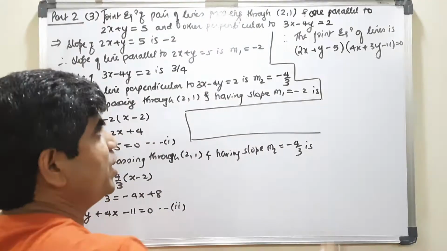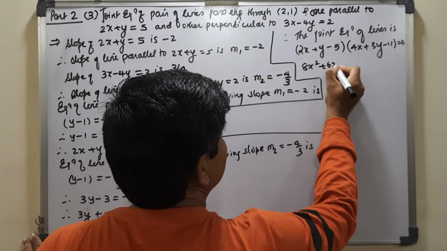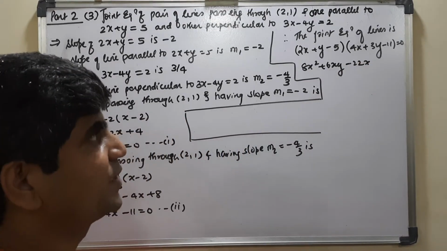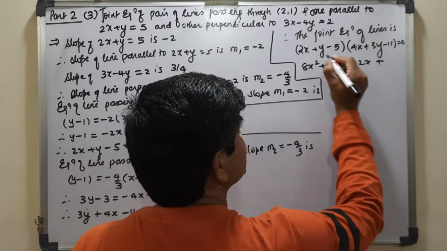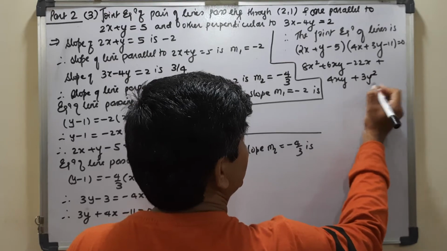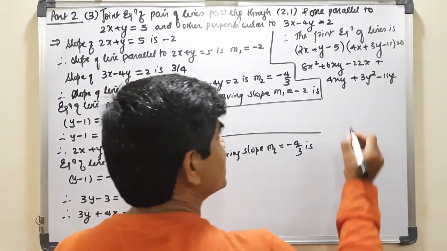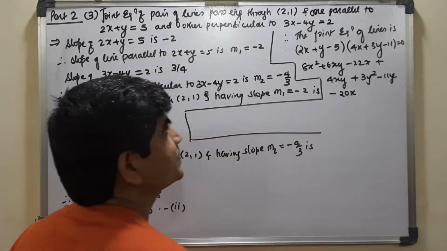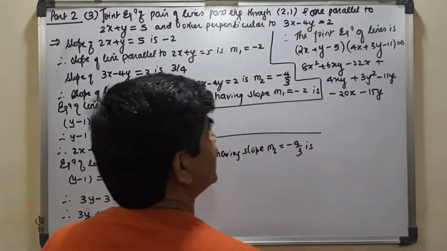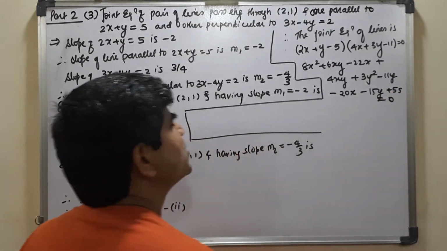So when you multiply, what do you get? 2 4s are 8x square, 2 3s are 6xy, minus 22x. This is the product with 2x. Then plus 4xy plus 3y square minus 11y. Now the product with minus 5 is minus 20x, minus 5 3s are minus 15y, and plus 55. This is equal to 0.